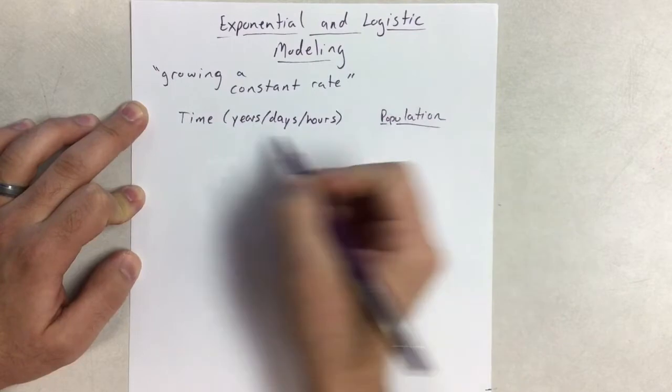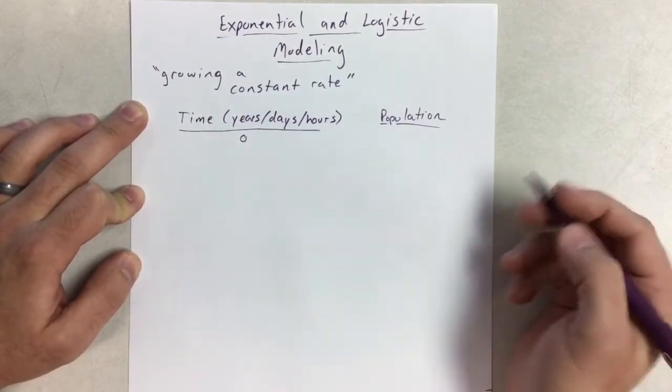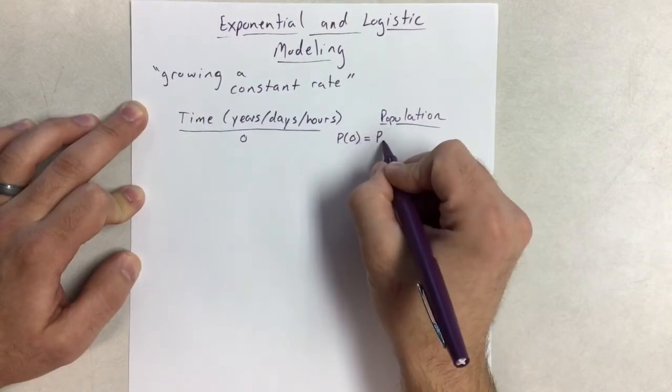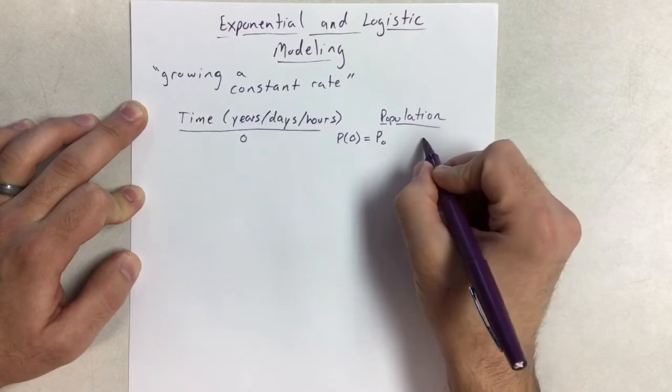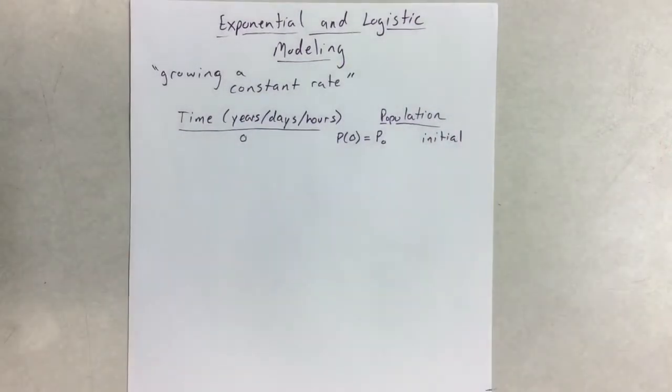Okay, so what it means to grow at a constant rate. Let's say at the beginning, that would be our population at the beginning, we just titled this P sub 0. Again, this we would designate as our initial population. It's nothing new.